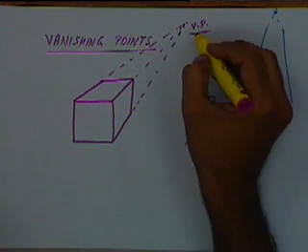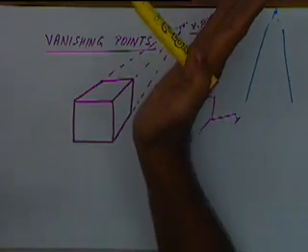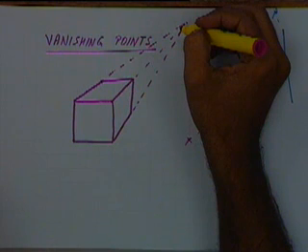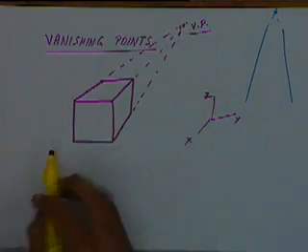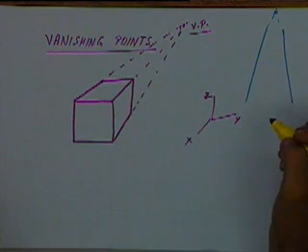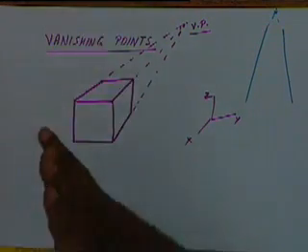So a vanishing point is a point from where a set of parallel lines will seem to come. In this case, since my projecting plane is parallel to the yz plane, lines in the y direction will continue to remain parallel.